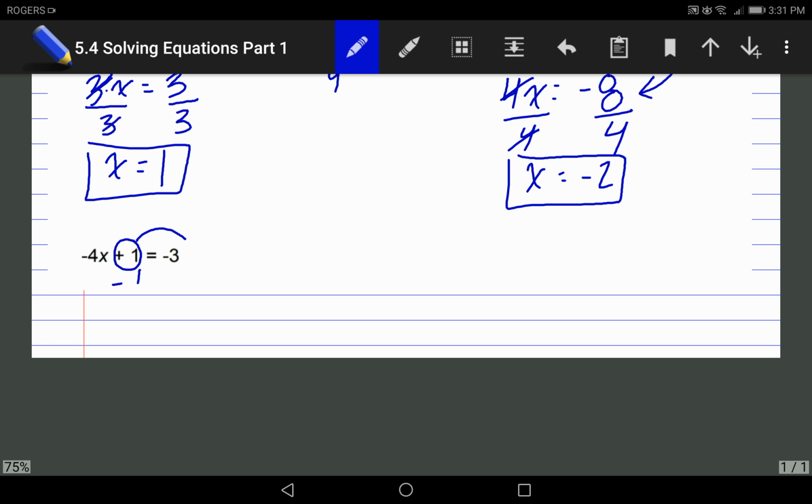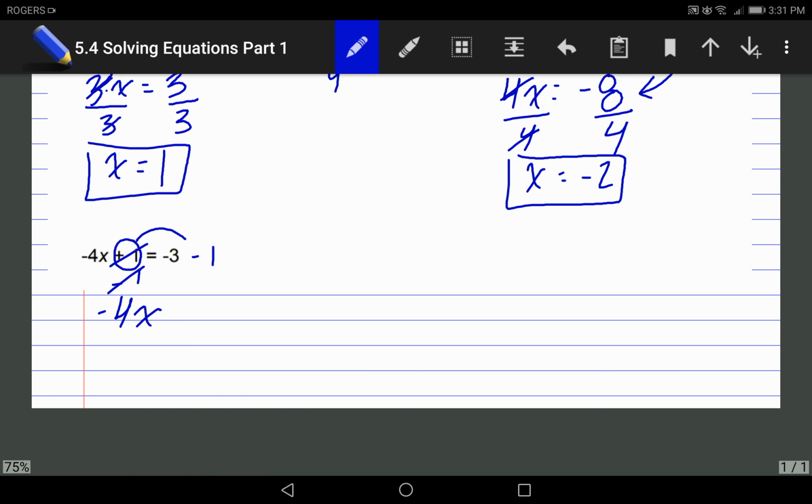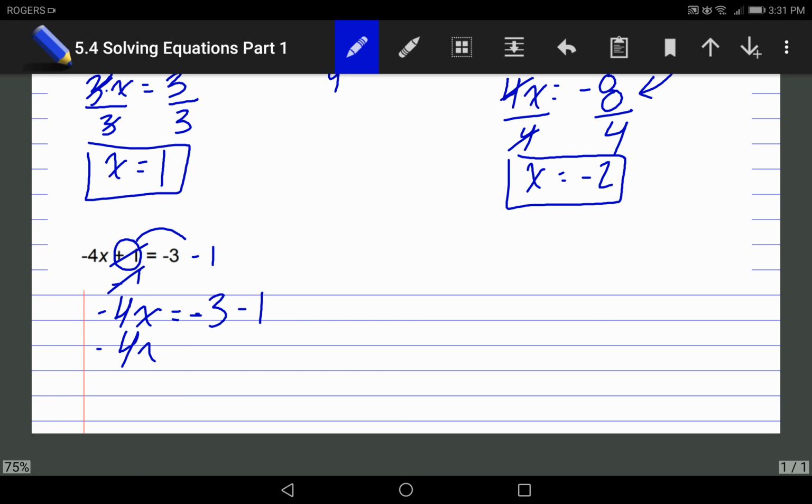Keep things balanced. Also subtract 1 on this side. That cancels these out. But I subtracted 1 on the other side, so everything stayed balanced. I get negative 4x equals negative 3 minus 1. Negative 4x equals, what's negative 3 minus 1? In your calculator, it is negative 4.